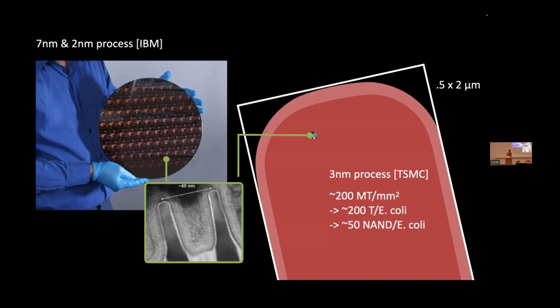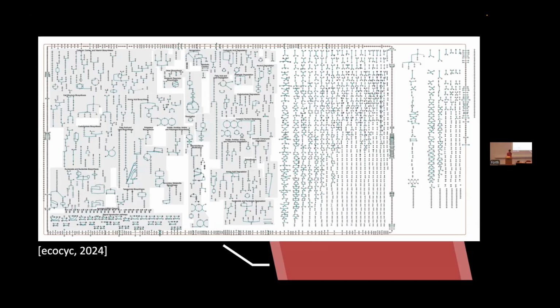Of course, the bacterium does much more than that. If we took our state-of-the-art electrical circuits, we could do 50 of them. In the bacterium, there's much more going on. Here are some of the pathways of what the bacterium actually computes or produces, the things that it does.